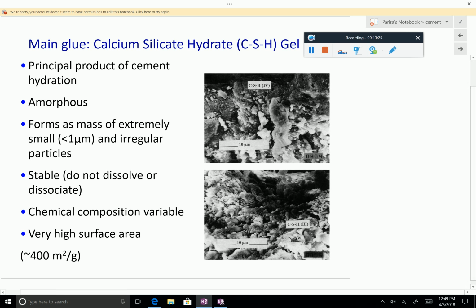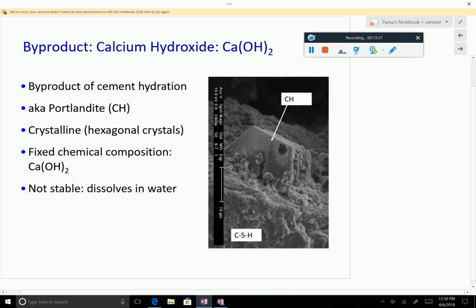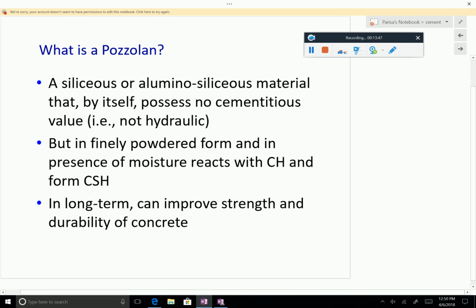Previously, I told you that the main product of cement hydration is CSH, which actually carries the strength properties, and then we also have portlandite, which is soluble and doesn't have much in the way of strength properties.